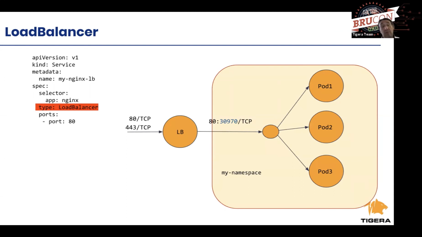So type LoadBalancer is, let's say, one step further than NodePort, because it will do exactly the same, create a cluster IP address. It will expose a higher port number on every node. But on top, and here is the catch, a controller in Kubernetes will also try to configure a load balancer.